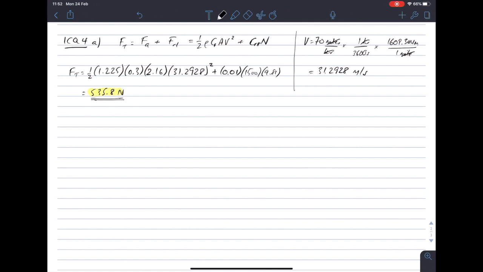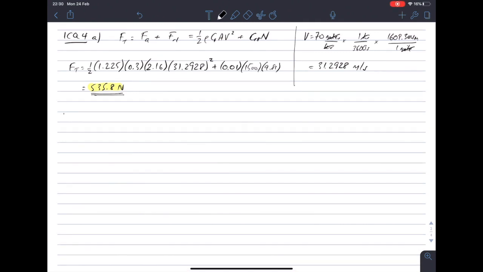Okay, let's go back to the question now. So for part B, we've got to find the power when the vehicle is travelling at 150 miles per hour. And we know the power is going to be the tractive force times by the velocity, which we'll call x dot. Now the velocity, 150 miles an hour, let's convert it to meters per second.